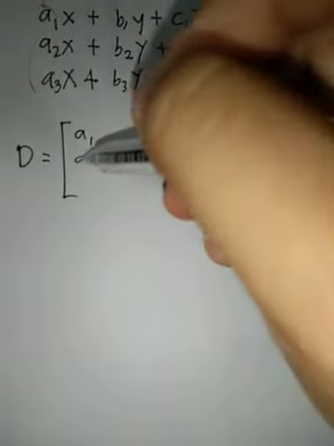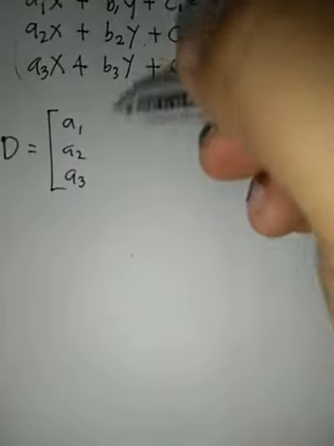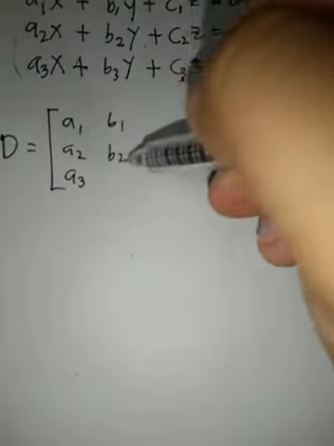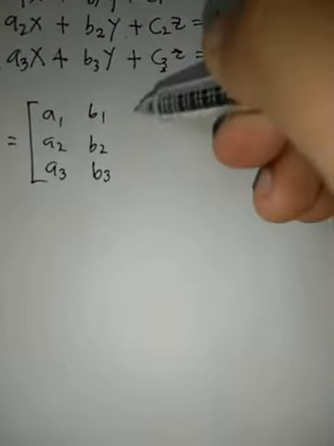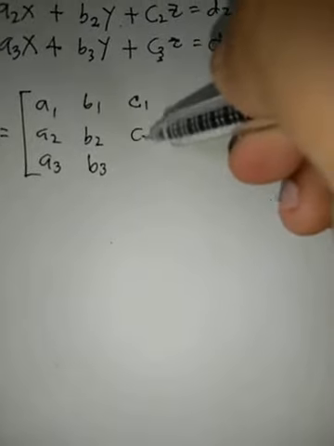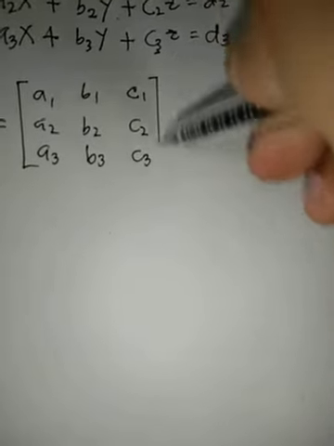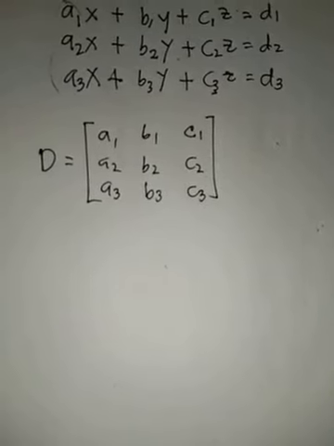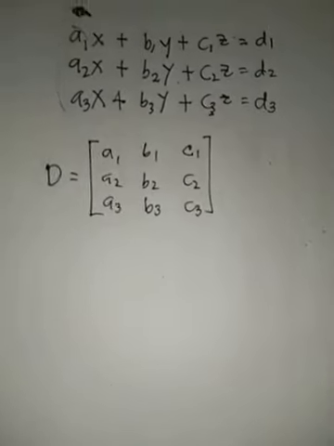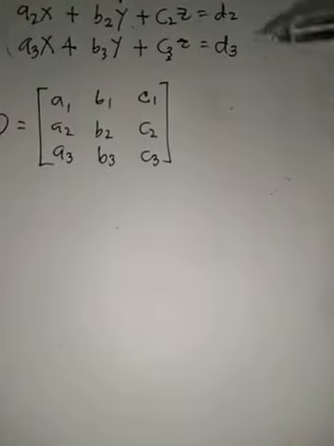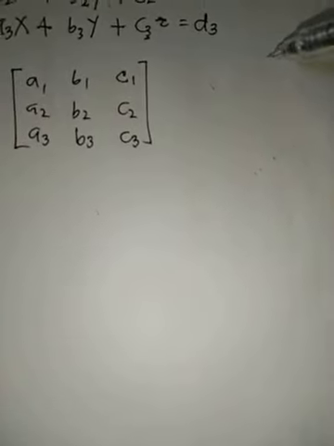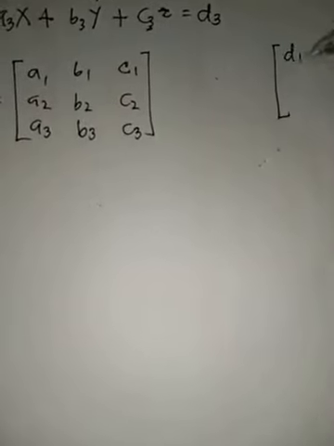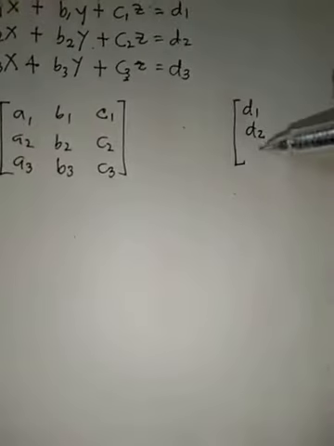We have A1, A2, A3, B1, B2, B3, then C1, C2, C3. That is our D or the coefficient matrix. Then our answer column is D1, D2, and D3.